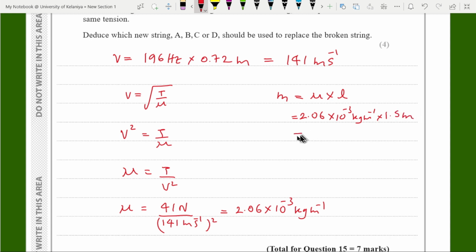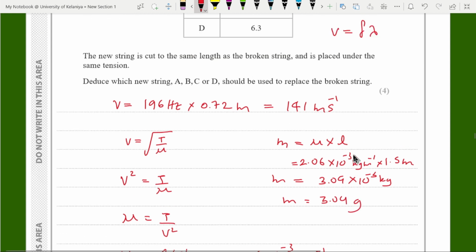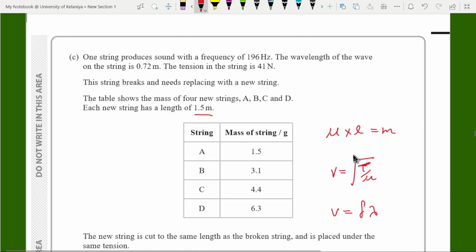If you simplify this one, what you will get over here is 3.09 times 10 to the power minus 3 kilograms. If you make it into grams, it will be 3.09 grams. So what would be the string? You can clearly see it should be string B. Why? It is 3.1, the mass is nearly equal to 3.09.